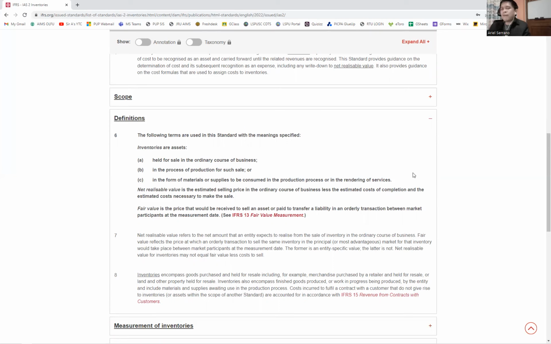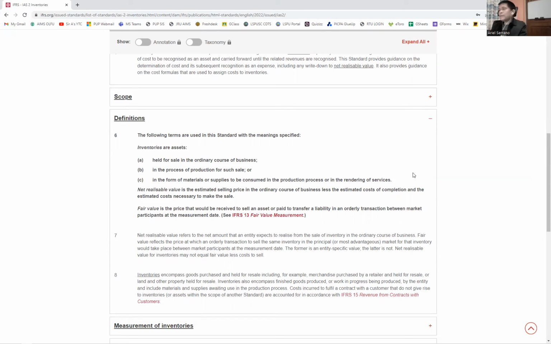So you already have an idea of what is an inventory. And also, with your cost accounting subject, na-introduce na rin kasi yung iba't ibang klase ng mga inventories. So meron na po kayong idea what inventories are.